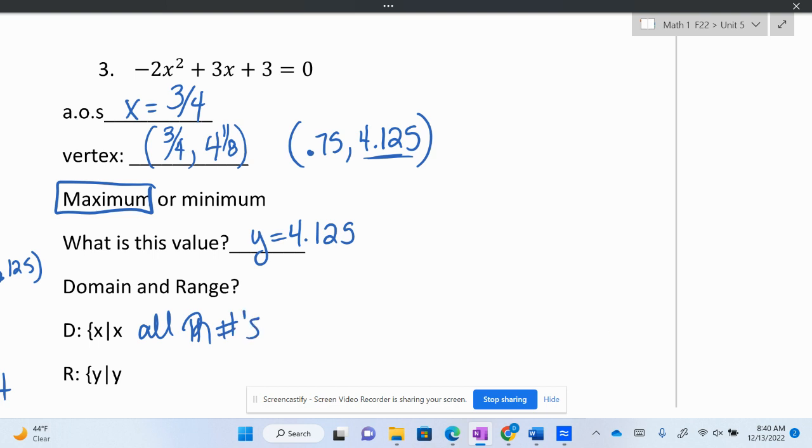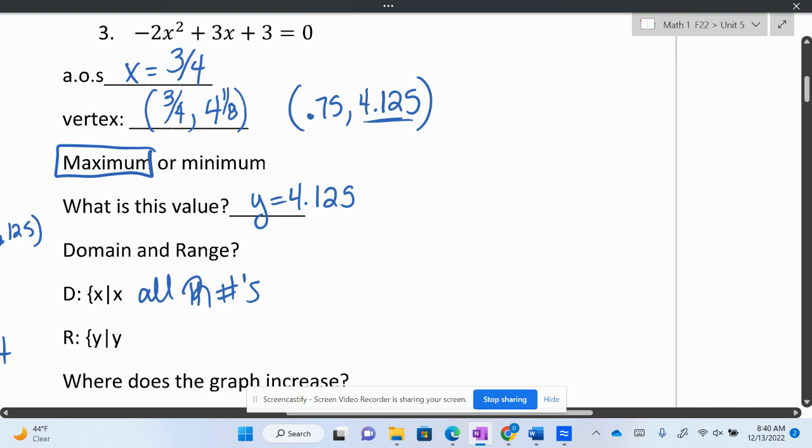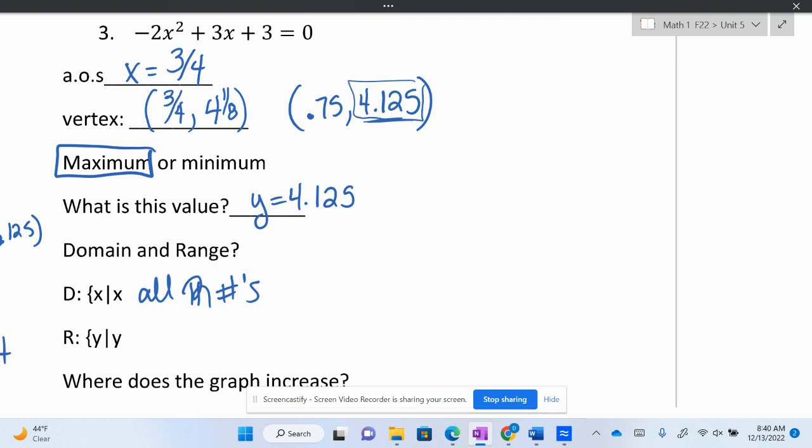What is the range? Well, this is a maximum. That means this is the highest it can go. So how am I going to write that? All my y values are less than or equal to 4.125.